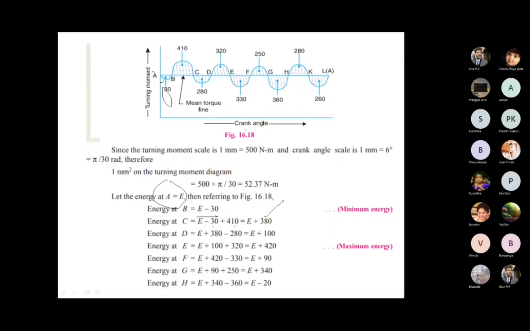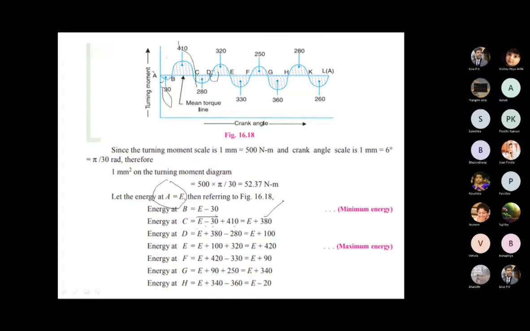In two ways you can write this. For point D, you can consider from one by one. For example, if you want to find the energy at D, what is the energy at point A? E minus 30 plus 410 minus 280.